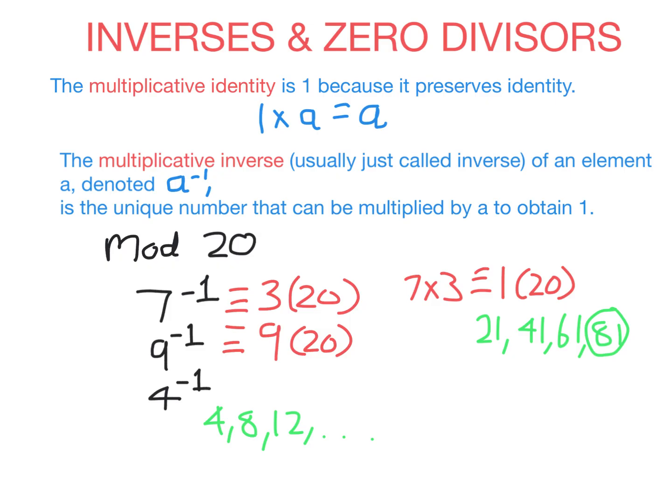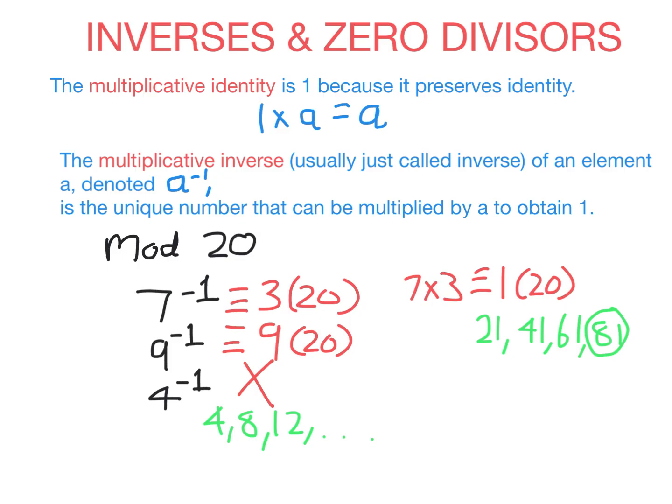You can't multiply 4 by any integer and get an odd answer. Remember that decimal numbers don't exist in modular arithmetic. We can't multiply 4 by like 3.25 or something like that. So this actually has no solution. There is no multiplicative inverse of 4 modulo 20.